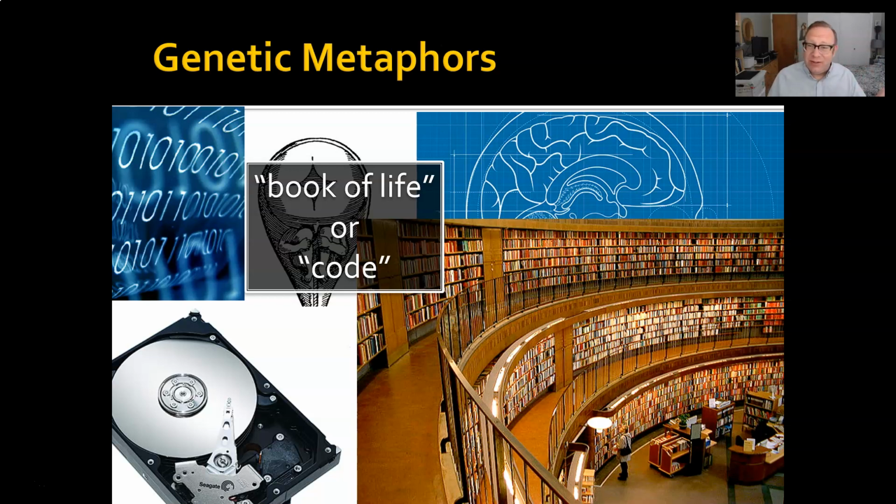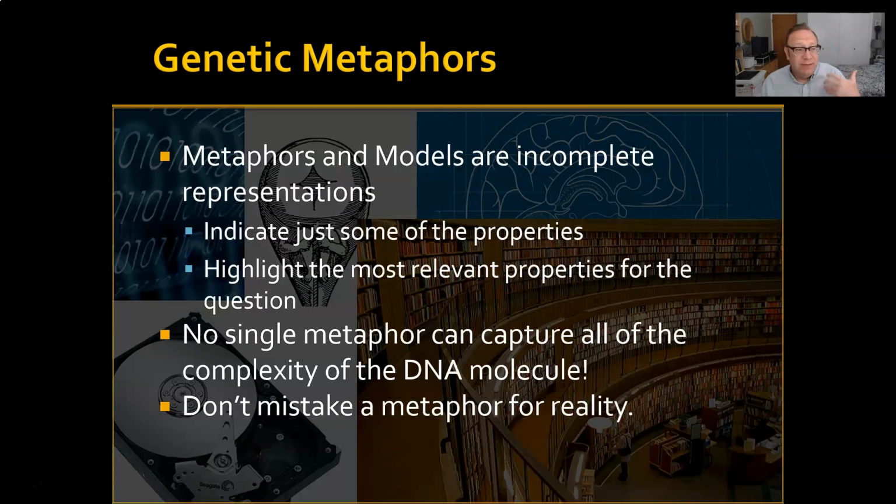So the metaphors don't work for everything, but they help us understand some basic aspects of the thing we're trying to understand, okay? That's the thing about metaphors and models. They're incomplete representations of a thing. They're meant to communicate and to help us think about things. They indicate some of the properties that the two things have in common.